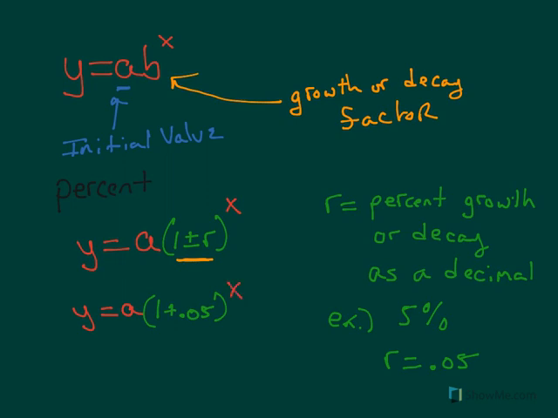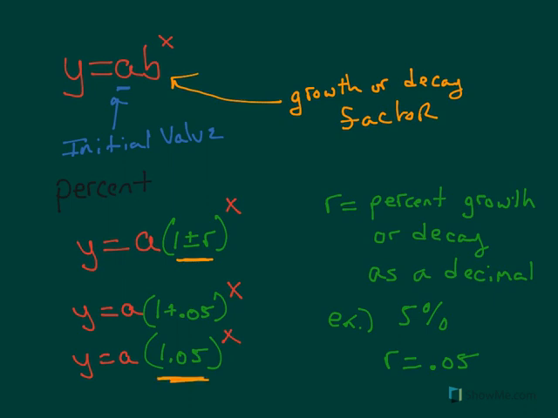And then once you have your percent rate plugged in, you can go ahead and simplify that base value. So 1 plus 0.05 should get you a base of 1.05. So that's going to be your growth factor.